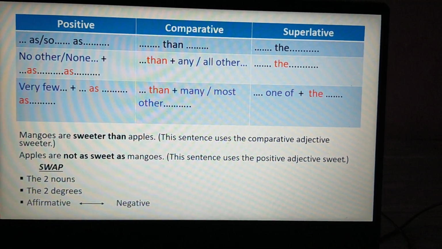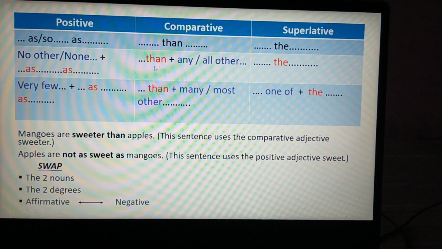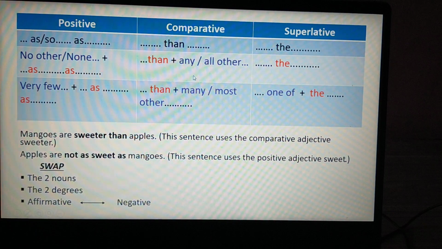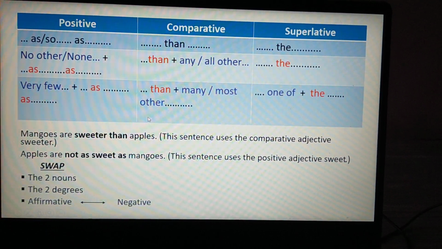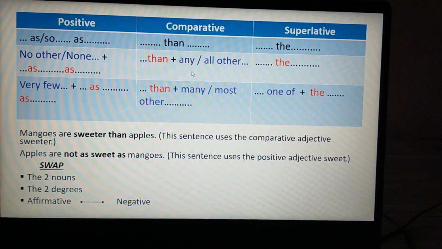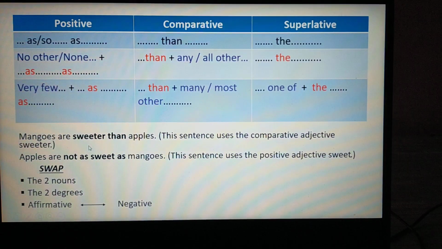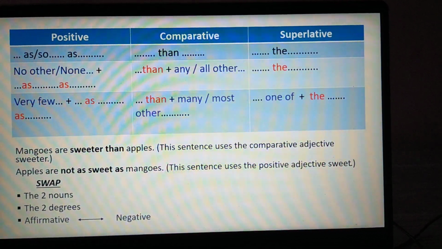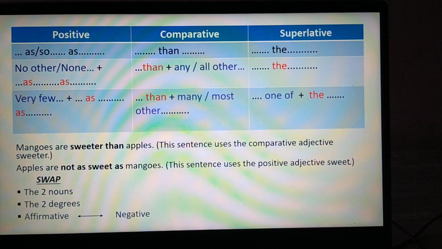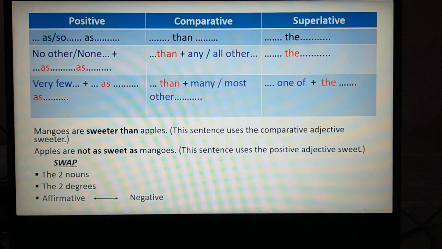You can only transform the sentence into superlative degree when you have this table, this combination. Now this sentence is different from the table, that is we don't have any of these, "any" or "all other". So in this way the comparative degree can be transformed into positive, or the positive degree can be transformed to comparative. You cannot change into superlative degree. Okay, remember this thing.